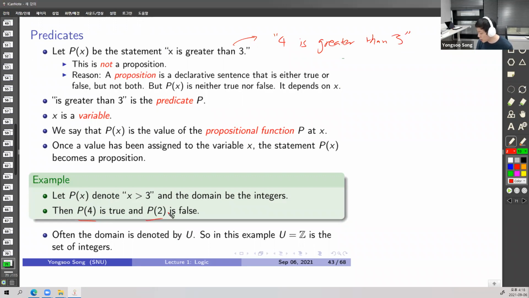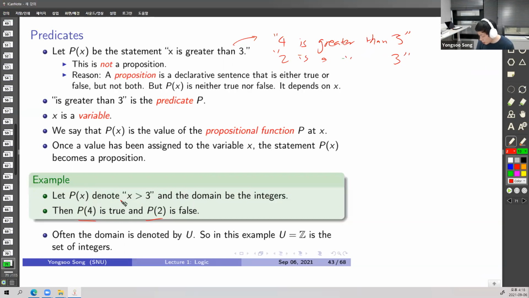And if you assign 2, it becomes 2 is greater than 3, which is another proposition. Note that the first proposition is true and the second one is false. So this propositional function may return a true proposition or a false proposition depending on the value of this variable.